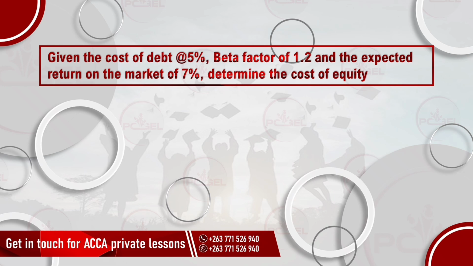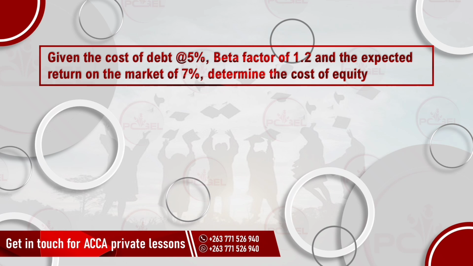To calculate the cost of equity by applying the capital asset pricing model formula, firstly, let's determine the variables. Firstly, the risk-free rate of return used will be the cost of debt, 5%. The beta factor will be 1,2, and the expected return to determine the risk premium is given at 7%.